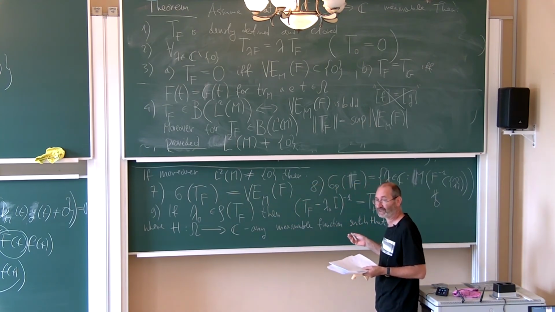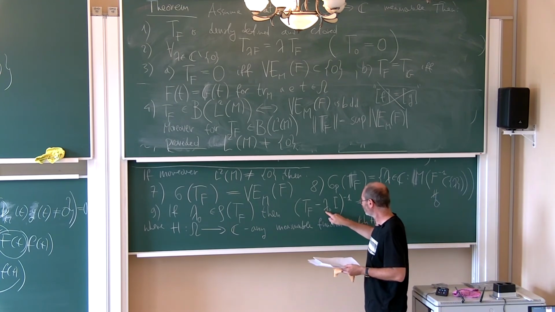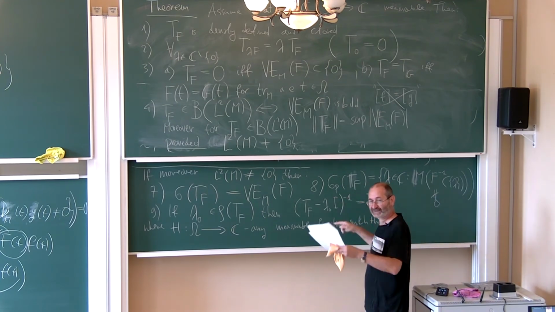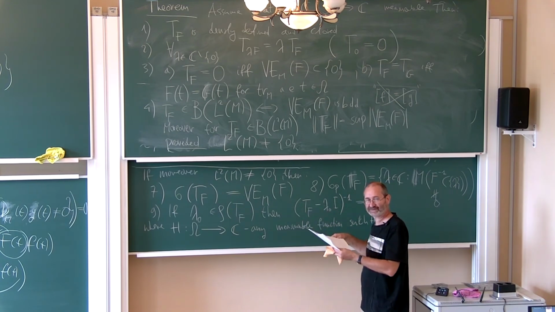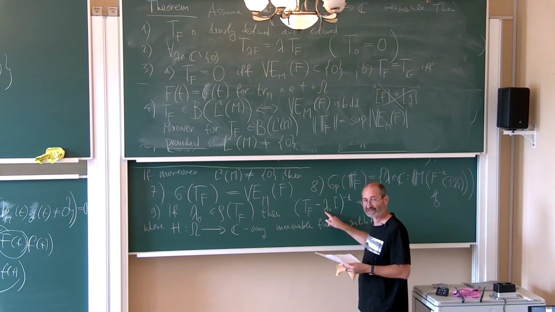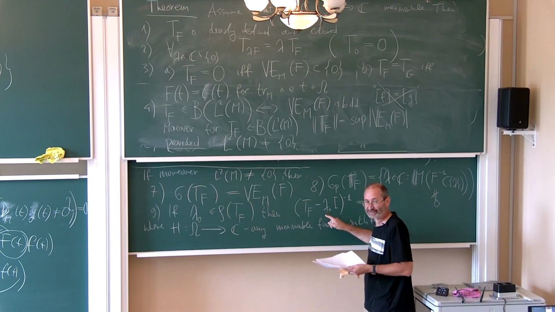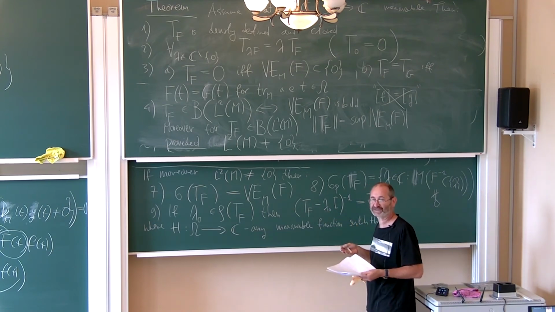Yes, it should be something like 1 over f minus lambda. But of course, sometimes f takes the value lambda 0, so it should be like this everywhere.